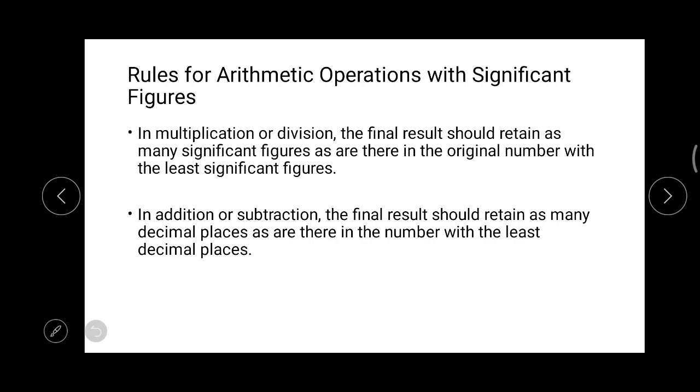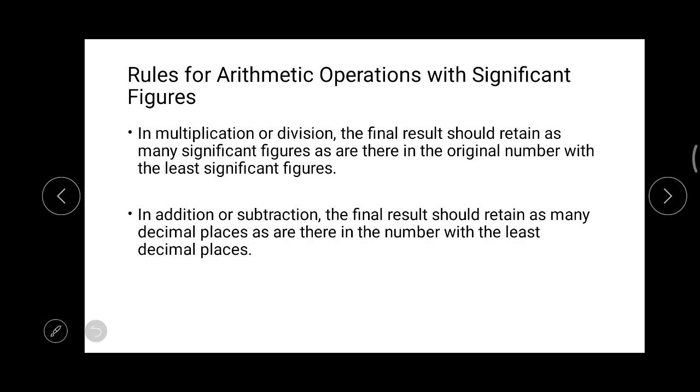In multiplication and division, the number of significant figures in the resultant value should be equal to the significant figure number of the quantity with the least significant figures.